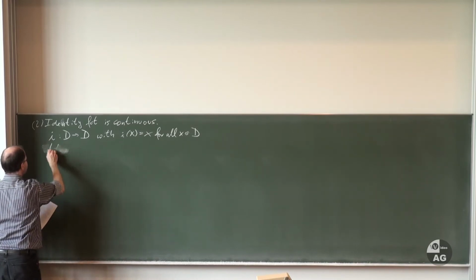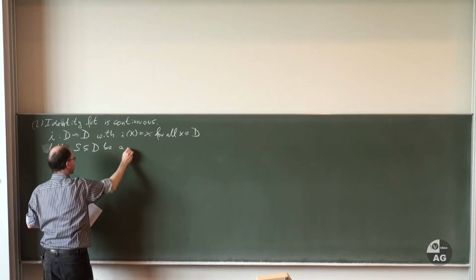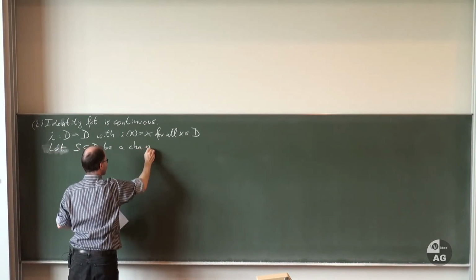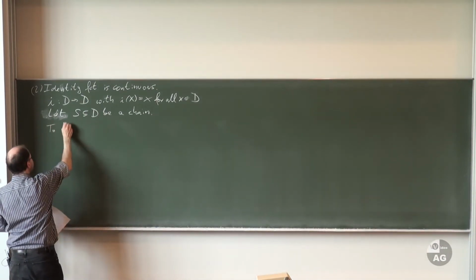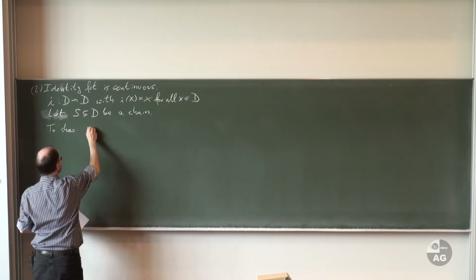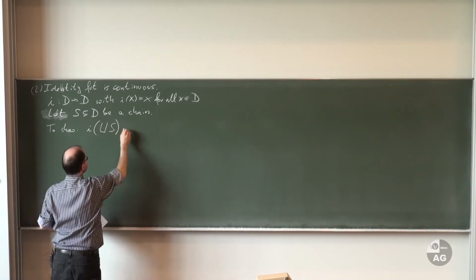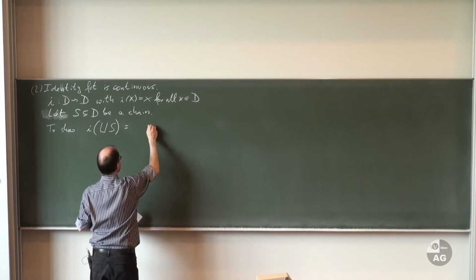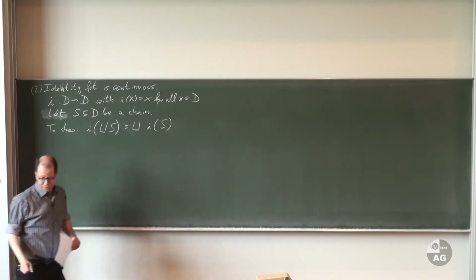Well, let S be a chain. And now I have to show that I of the least upper bound of S is the same as applying I to every element in S and taking the least upper bound afterwards.